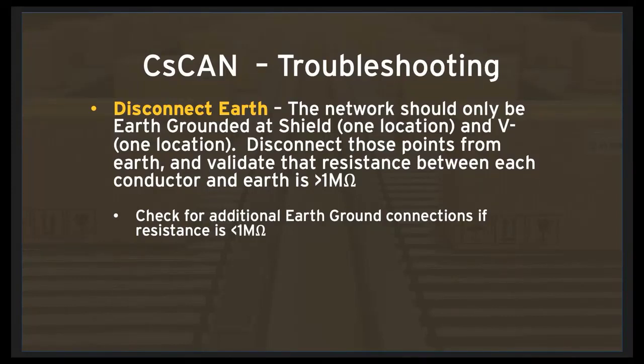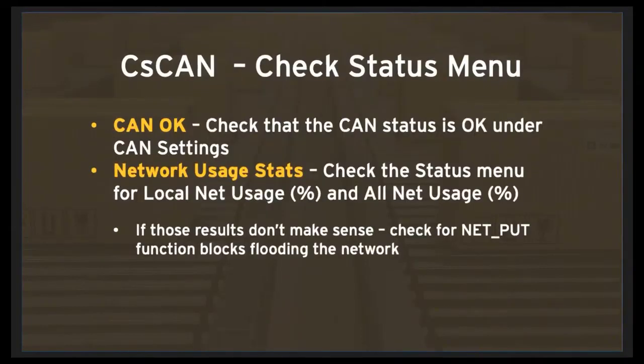If you have less than a mega ohm, especially if the resistance is low, that tells you that somewhere else you're unintentionally connected to earth, and that is not what you want. So with your two earth points disconnected, you should have greater than 1 mega ohm. Once you measure that, you have confidence that once you reconnect those 2 points, those will be the only points at which you're connected to earth.